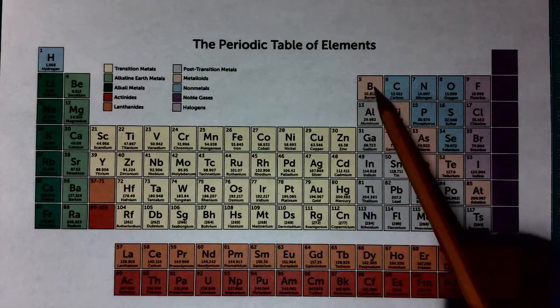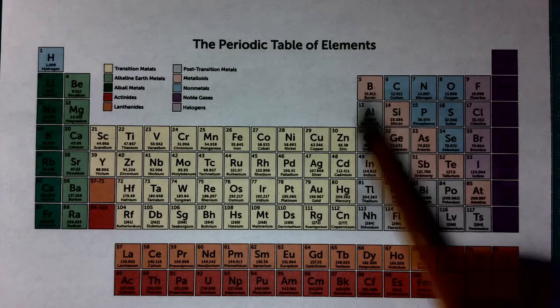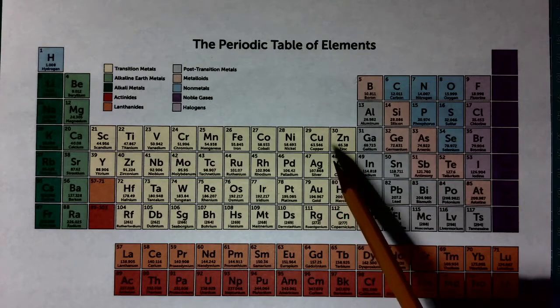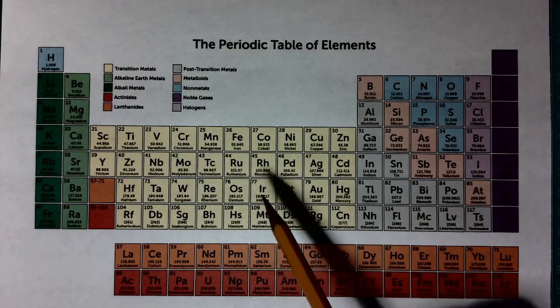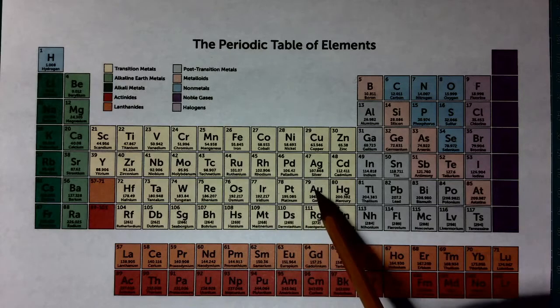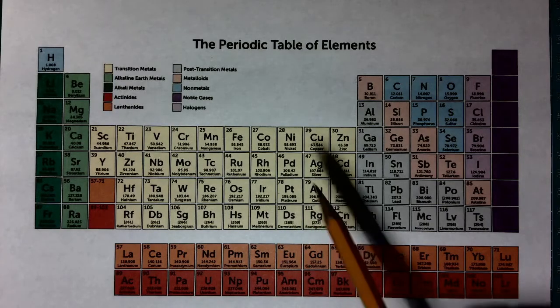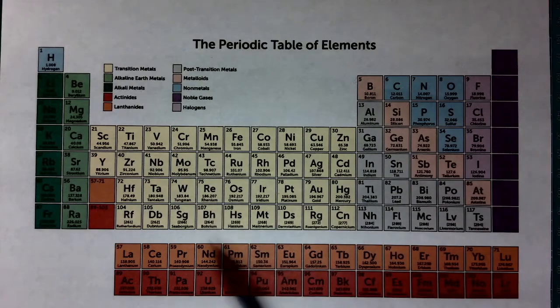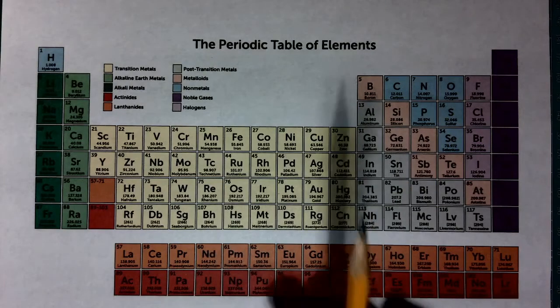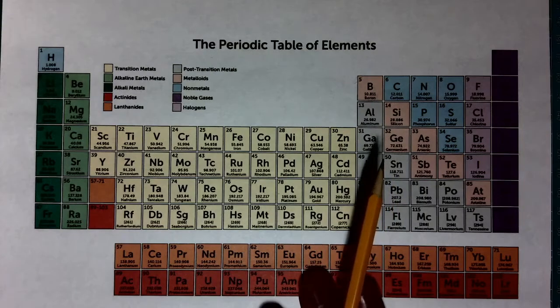We have symbols that are representative of the elements, like B for boron, for instance. Some of them aren't very intuitive, like Fe for iron and Au for gold. These are all based on really old Latin names, which is why sometimes they're not super recognizable.